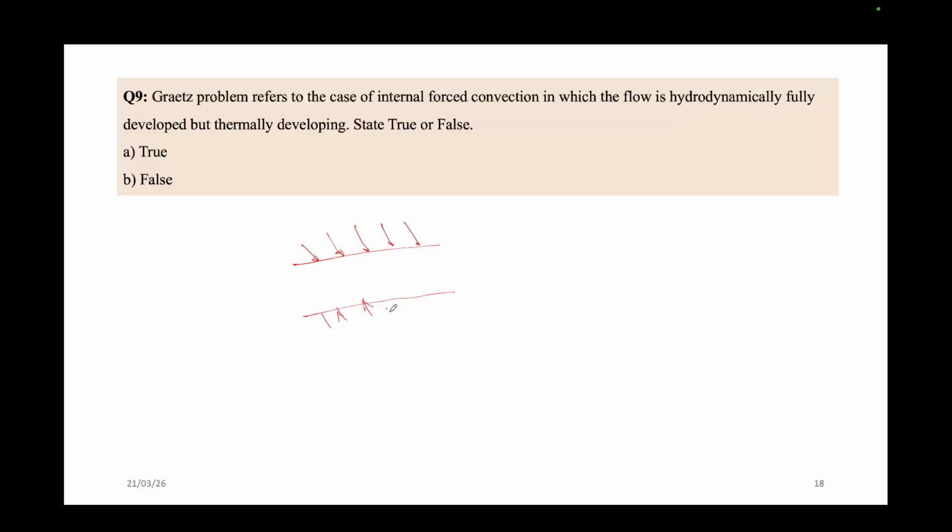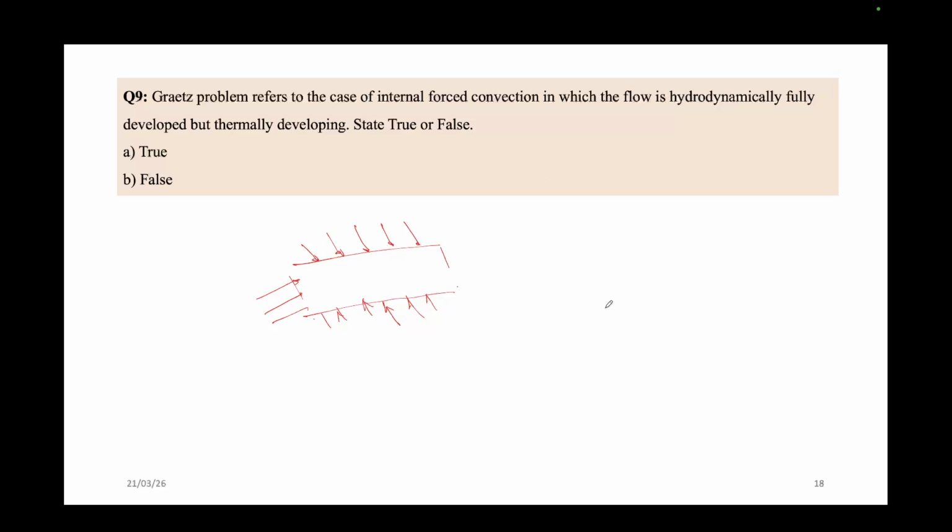Because of the heat, a thermal boundary layer will be generated. If the tube is fixed and there is flow but no heat, then it is the hydrodynamically fully developed region. But if there is both flow and heat supplied on the tube, then it is both hydrodynamically and thermally fully developed.